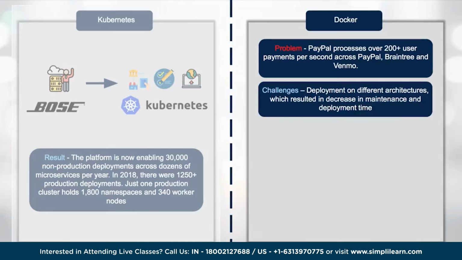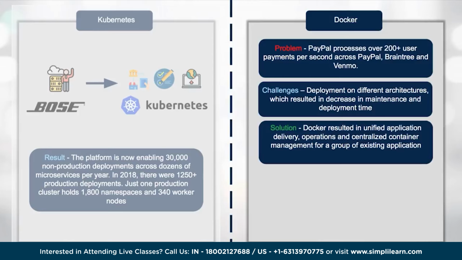The challenge was that they had different architectures, which resulted in different maintenance cycles, different deployment times, and an overall complexity from having a decades-old architecture with PayPal through to a modern architecture with Venmo. Through the use of Docker, PayPal was able to unify the application delivery and centralize the management of all of the containers with one existing group.